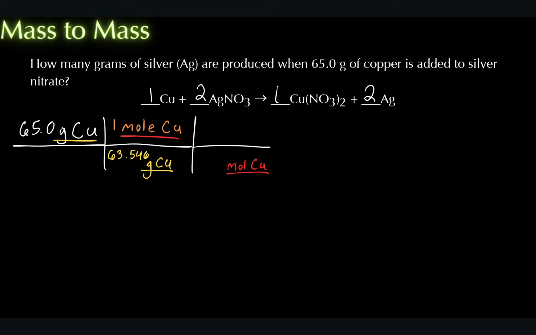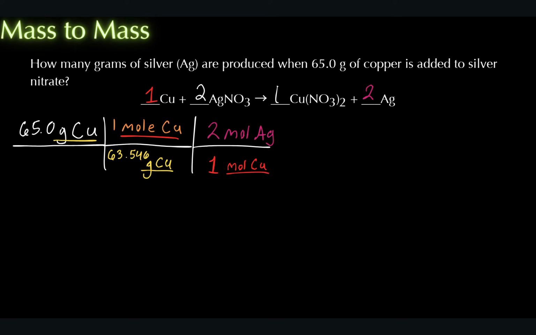So we're going to go from our copper to our silver. Looking at the balanced chemical equation, I have 1 mole of copper, which is equal to 2 moles of our silver. Again, taking a look at the balanced chemical equation in order to figure out that mole ratio.